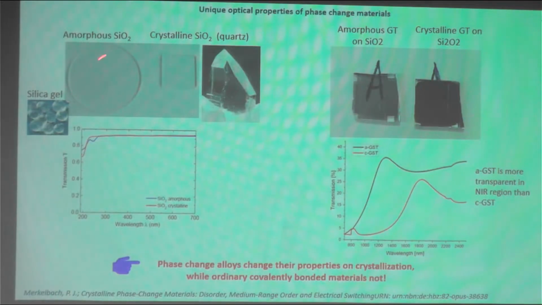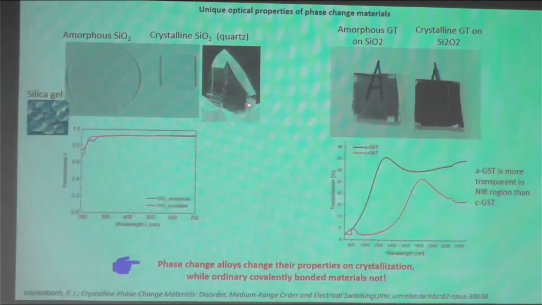This can also be nicely seen in the transmission measurements. Both crystalline and amorphous are transparent, so there is no property change on the phase transition between amorphous and crystalline.